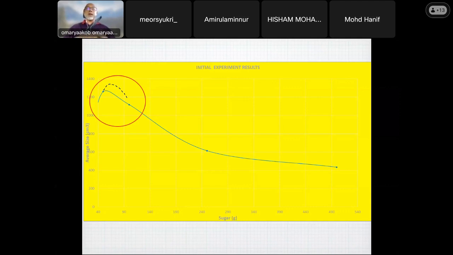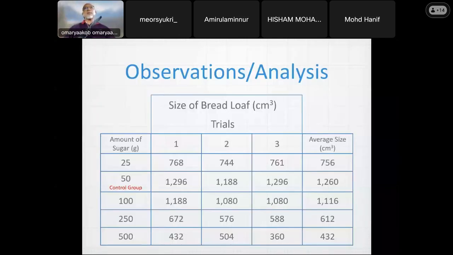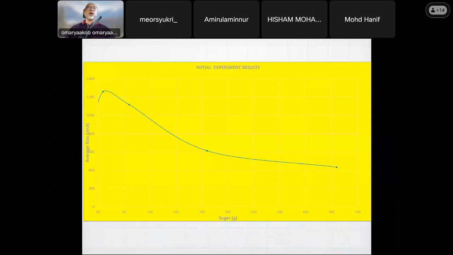Imagine if John has completed his experiment. Okay, I've finished my experiment. Keep everything in the oven, wash all the utensils and everything. And okay, I'll do my analysis later. But when he plots, he gets this. Then he has to redo the experiment because the peak is somewhere between 50 to 100.